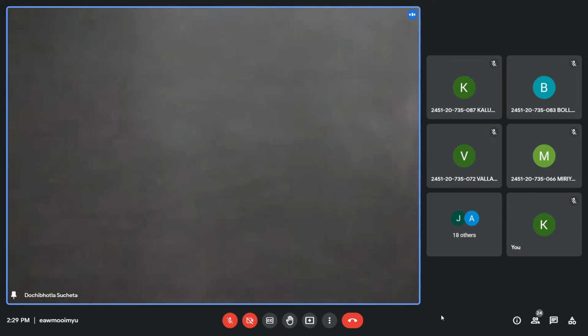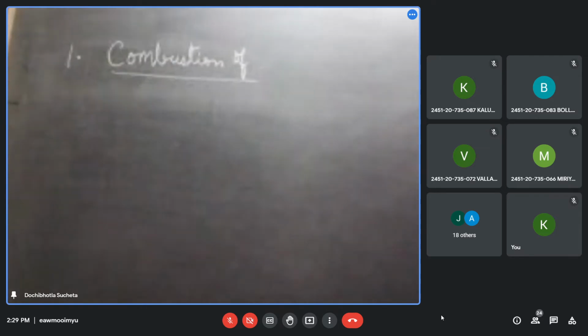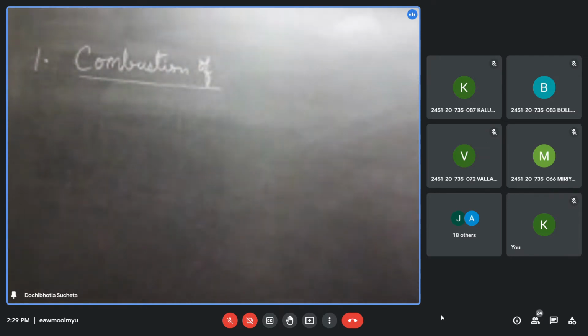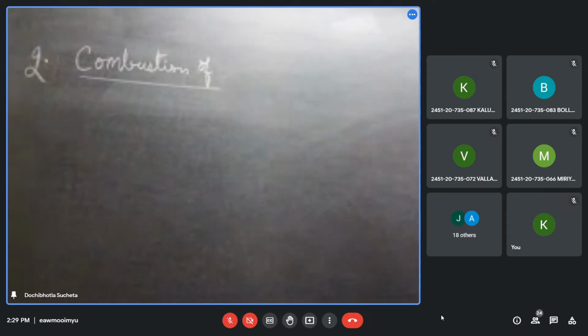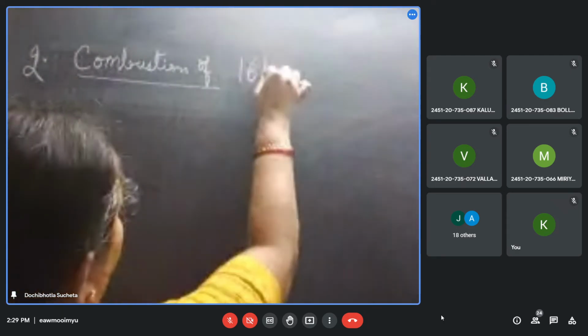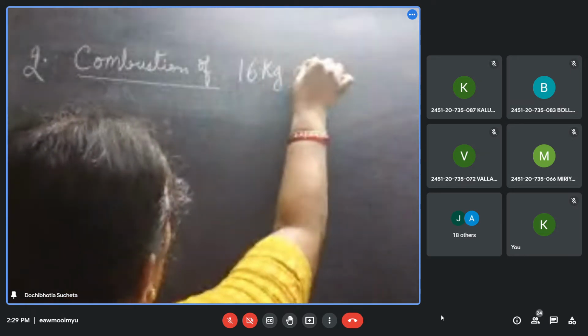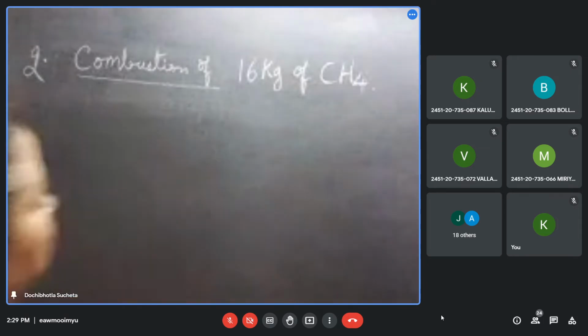Calculate by weight and volume of air required for complete combustion of 16 kgs of methane, CH4. This is the second one.